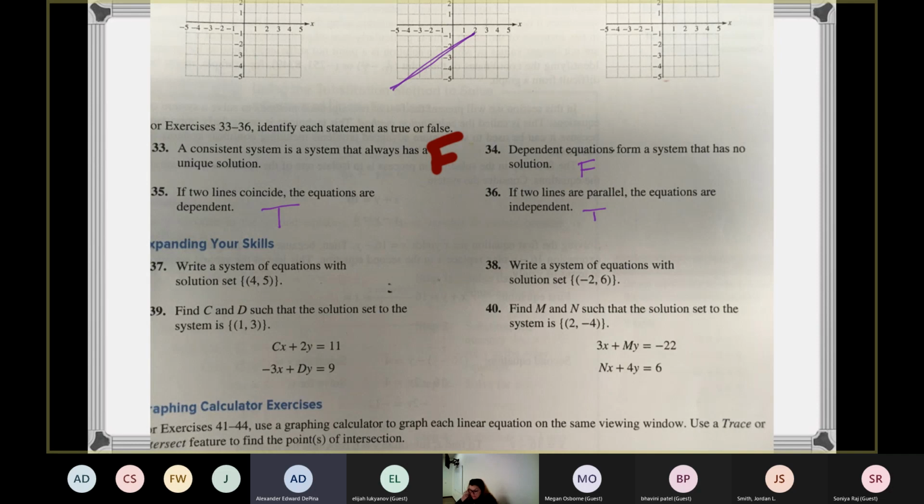Yes, okay, here it comes, my favorite problem. 38, write a system of equations with the solution 2, -6.